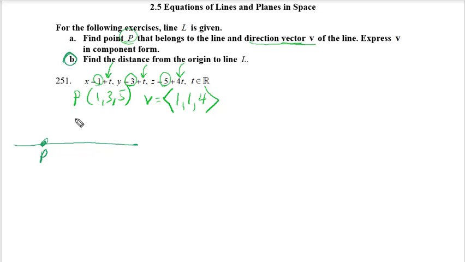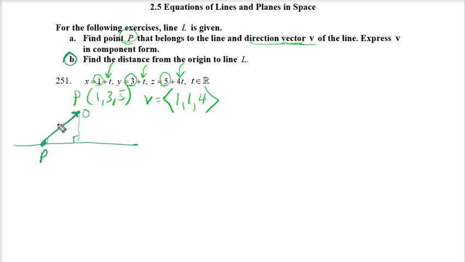And the origin, we'll label that O, is out here somewhere. So if we take the vector here, we need this side of the right triangle. Now, if you remember, we just did that recently.